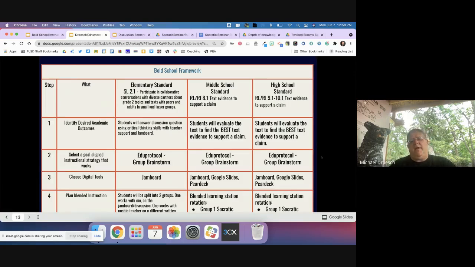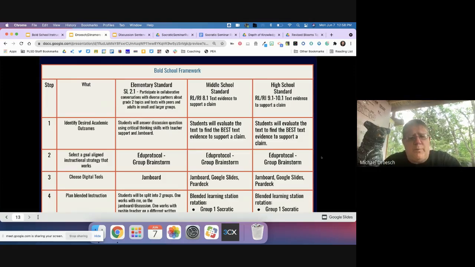The big thing in 8th and 9th grade is finding the best piece of text evidence to use, because they can put any piece of text evidence in there. But on standardized tests, they'll ask which one is the best. When you're writing, do they pick the best evidence that fits? That's an important standard, and a lot of the AIR test reflects upon that quite a bit, so this hits that pretty hard.